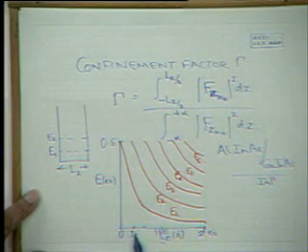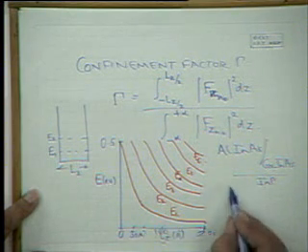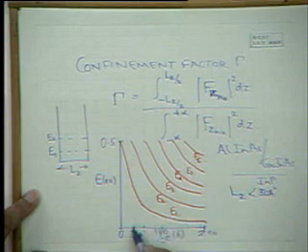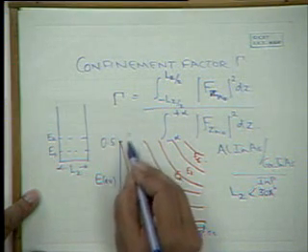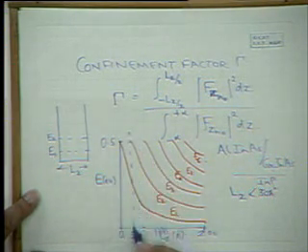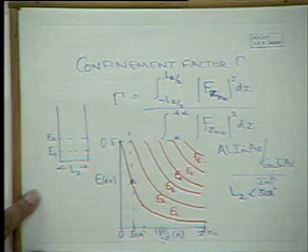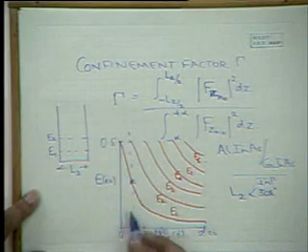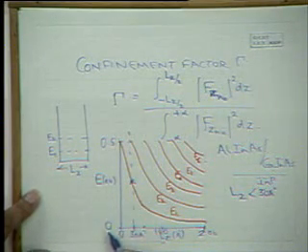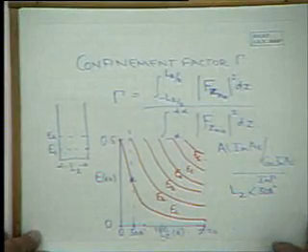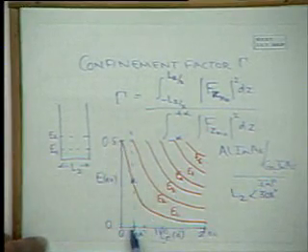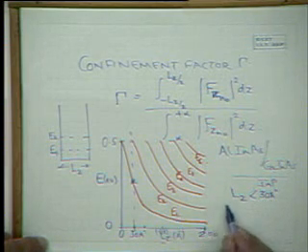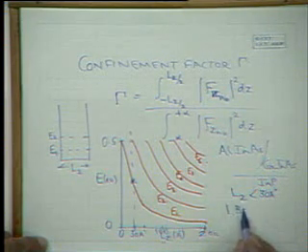In this system, if LZ is less than 30 angstroms, there is only one bound state, because delta EC in this case we are assuming is 0.5 eV, the finite well depth. So if LZ is less than 30 angstrom, there is only one bound state.